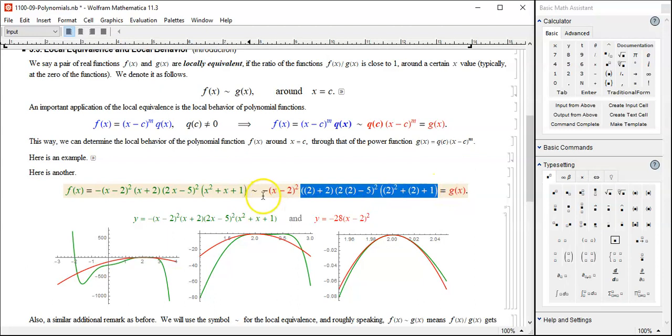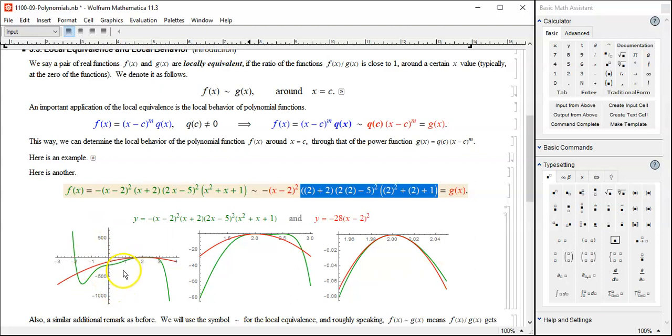And we have negatives there, so negative 28 times x minus 2 to the second power. So what is this? It's just the negative of a power function of degree 2, just shifted 2 units to the right. It's a parabola shifted accordingly to the 0 of that function. So the original function must behave the same locally.